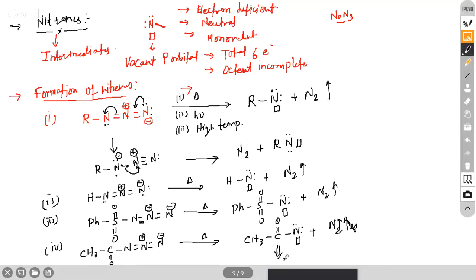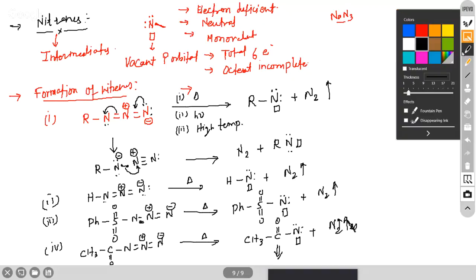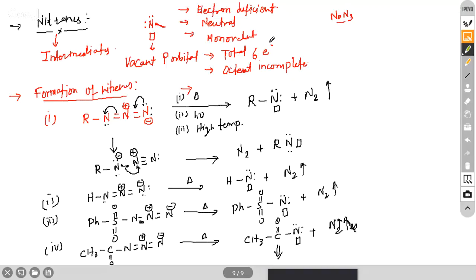Now, if nitrene forms adjacent to carbonyl group, then it is not stable, and Wolff rearrangement takes place and it gets stabilized.